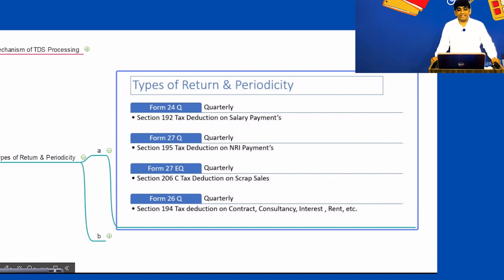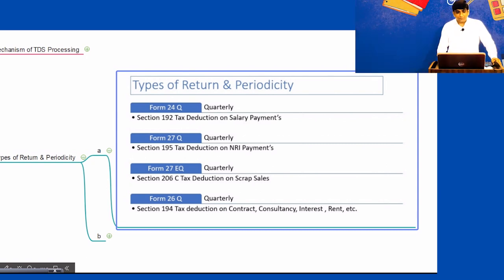Form 27EQ is for tax deduction on scrap sales. Then form 26Q is for tax deduction on contract, commission, consultancy, interest, rent, etc. So basically these four types of forms are filed by business entities on a quarterly basis.